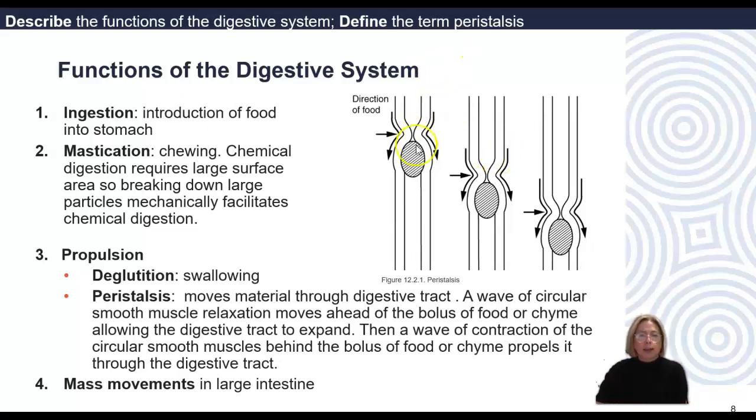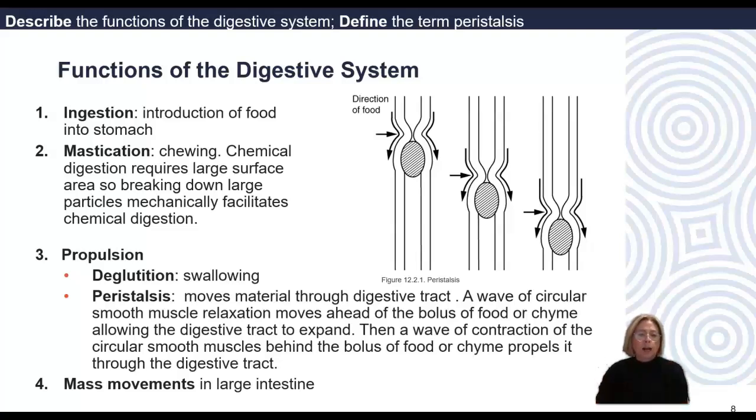So what you're looking at here is these waves of peristalsis. A wave of circular smooth muscle relaxation. Now, what you've got to remember is that the digestive system is this big hollow tube, right, with different regions. And so you're going to have rings of smooth muscle that are capable of relaxing and contracting.